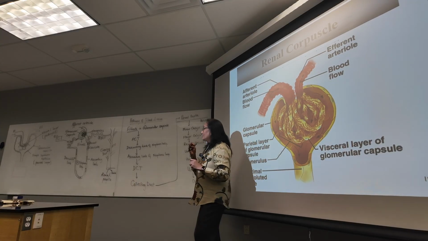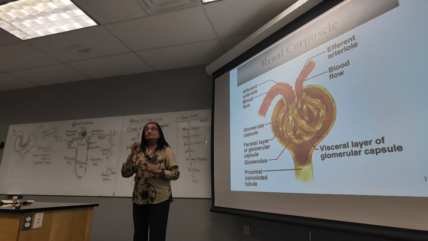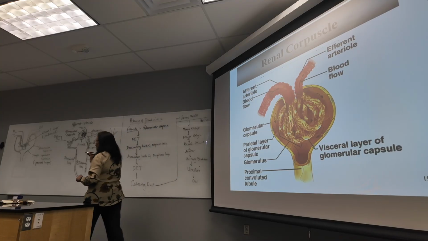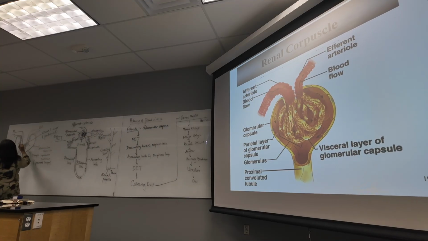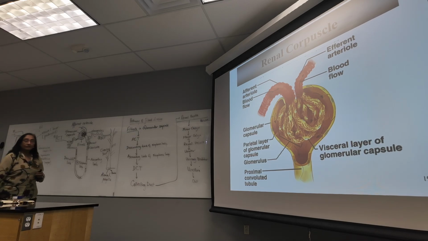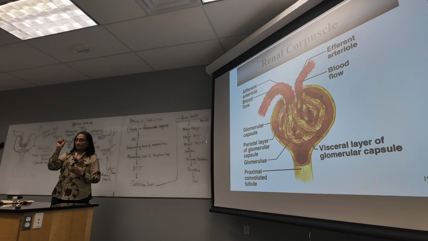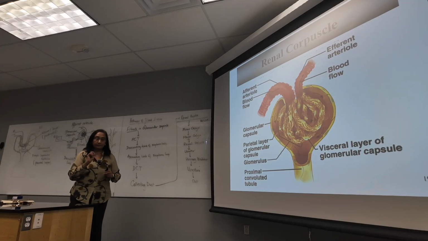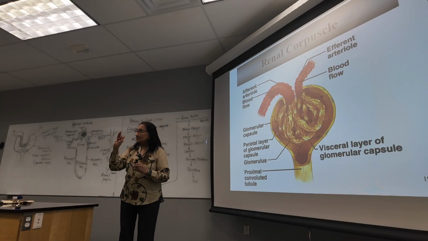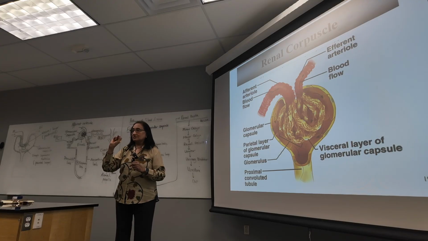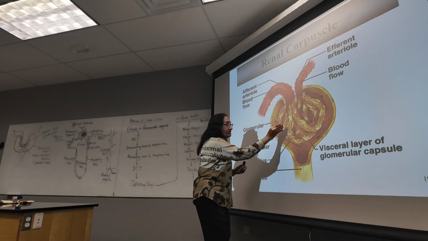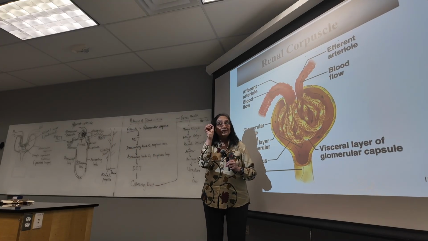Now comes the question, what is it that filters out? As blood flows through these capillaries, I told you the filtrate will collect here. So what does the filtrate have? Anything that is tiny, a small molecule, uncharged, with no positive or negative charges, will easily filter out.